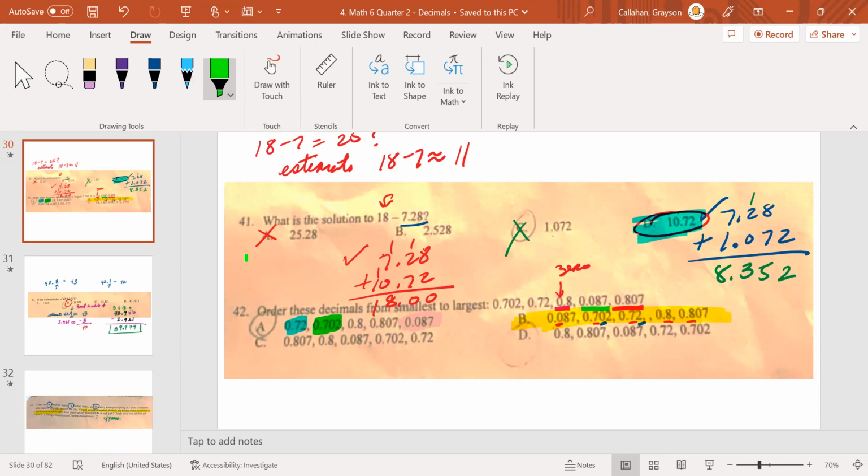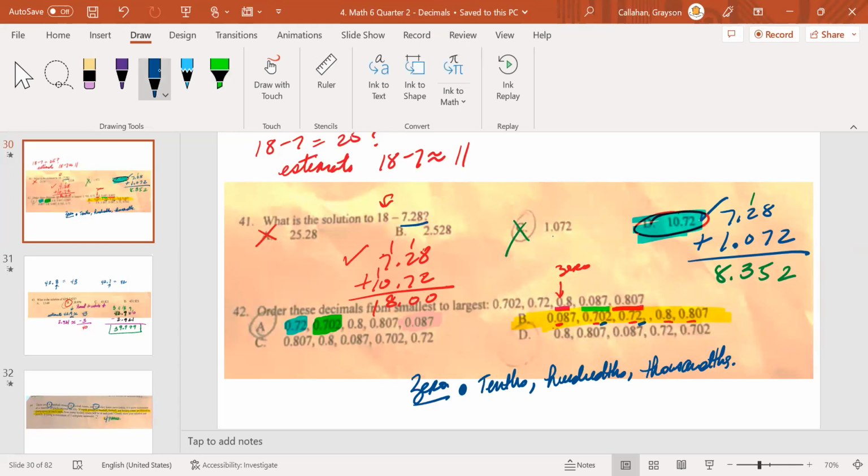So just be careful. After the decimal, you have tenths place, hundredths place, and thousandths place. Okay, you have a 0 here in the ones place. All of them have a 0. If there was an actual number bigger than 0, then that would be the biggest number. So just be careful with that.